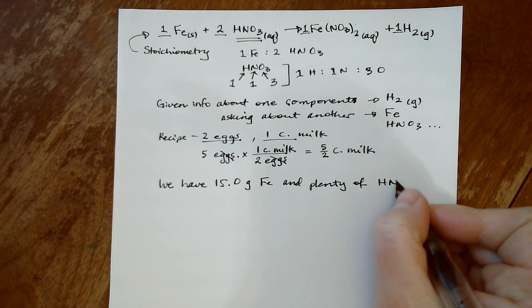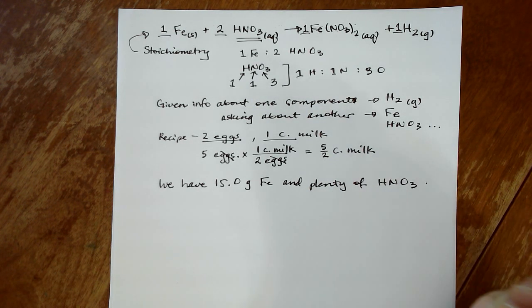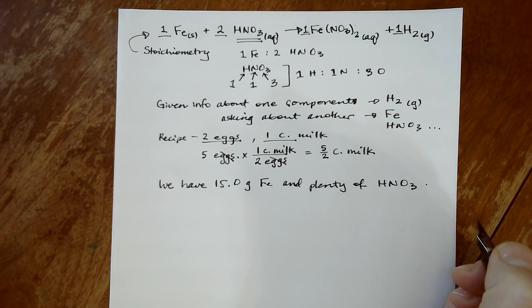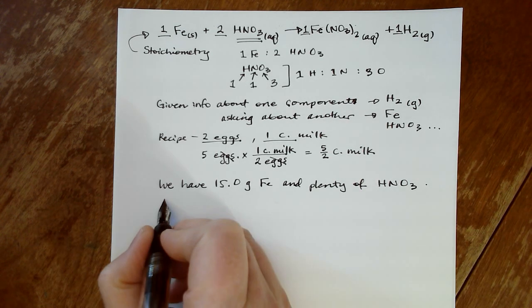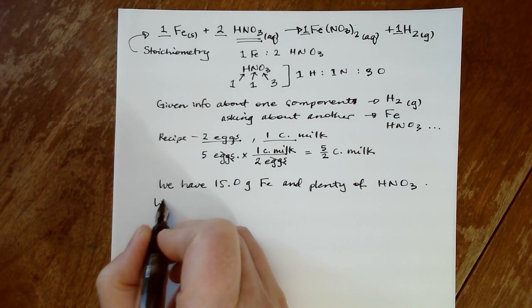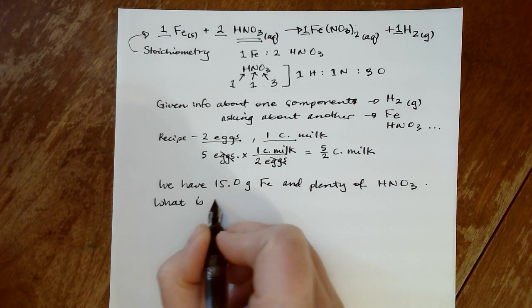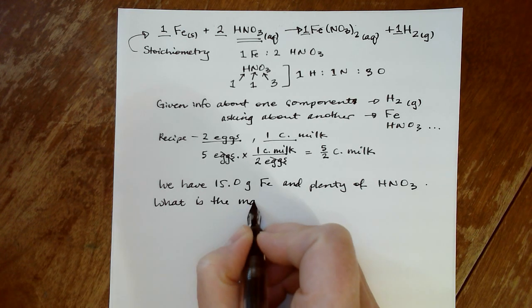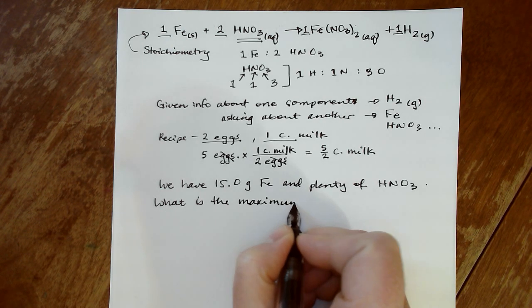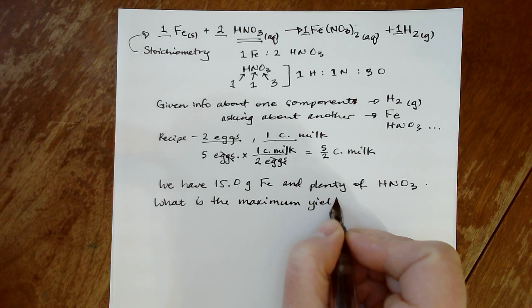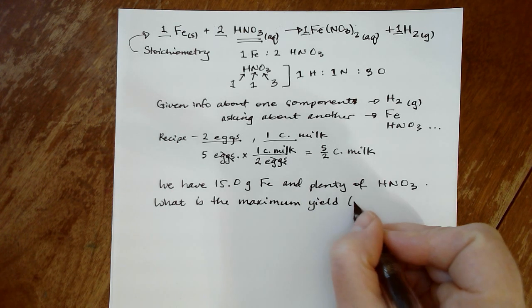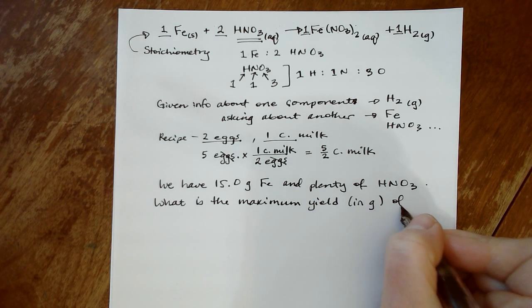So this is telling us that we have excess nitric acid. We don't need to worry about how much we have. So we might ask a question like, what is the maximum yield, the maximum amount that we can get in grams of iron nitrate?